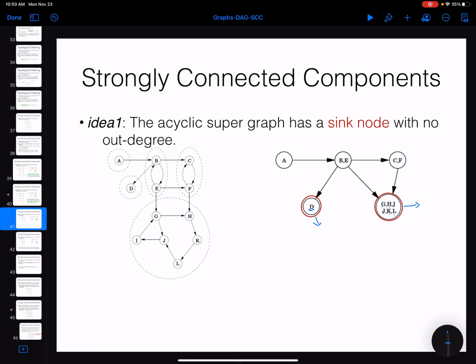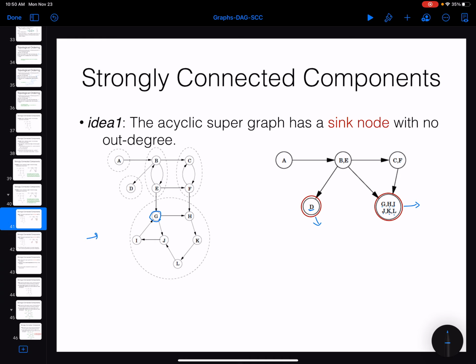These super nodes. So the good thing about knowing the sink node is that I don't need to know all the nodes in it. If I only know that, for example, G is a part of a sink node in the super graph, from the original graph, it helps me to solve the problem. How? I can run the DFS or BFS over G, because G is a part of a strongly connected component which is a sink node in the supergraph.